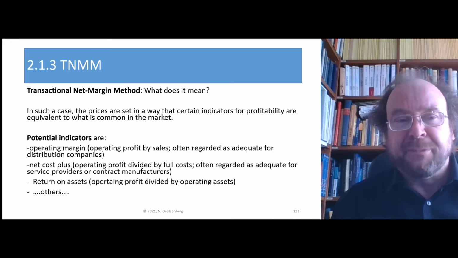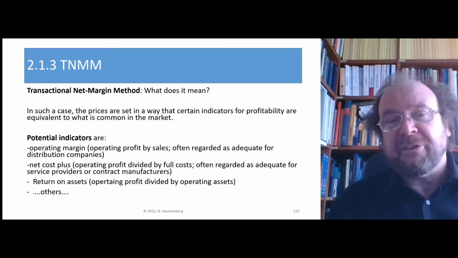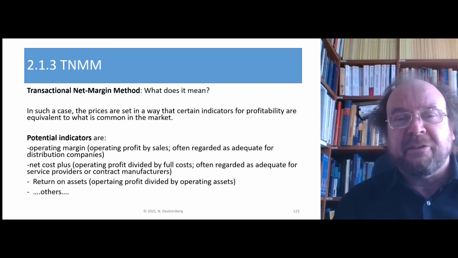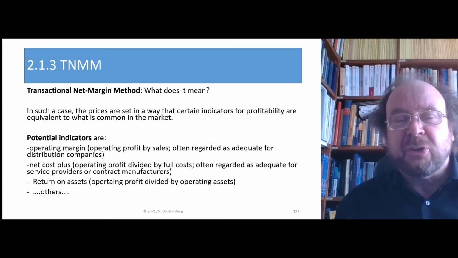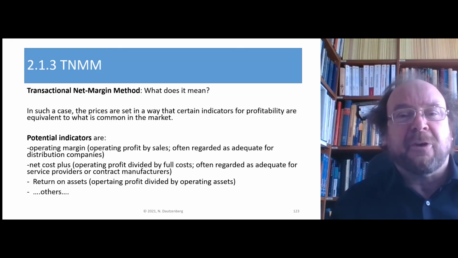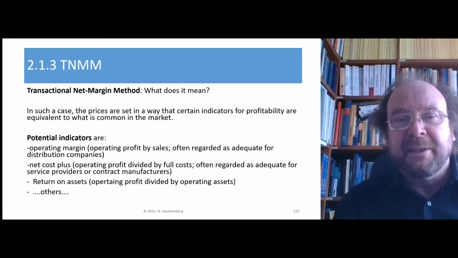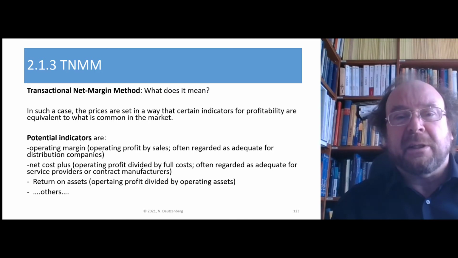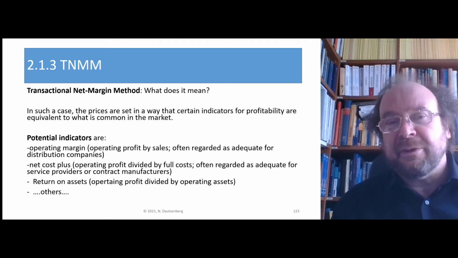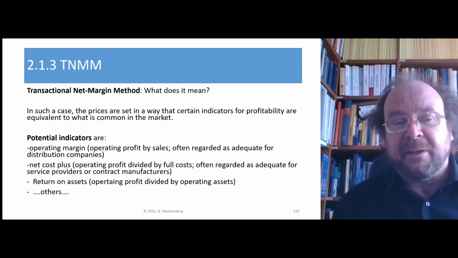The transactional net margin method is an additional method which says, okay, I show that my prices are conform to market because certain indicators for the results of the transaction are in line with what we can find in the market.